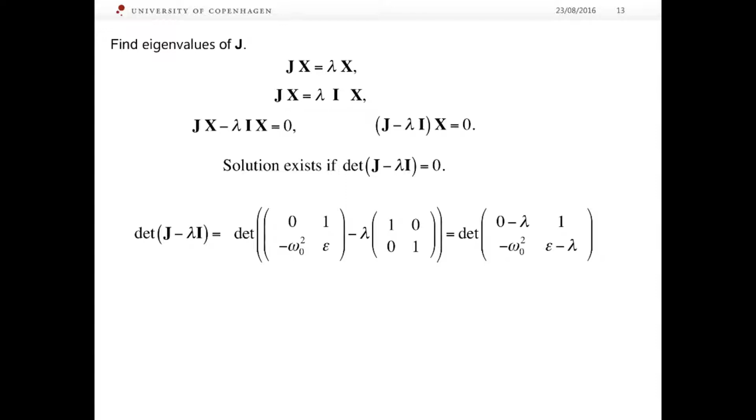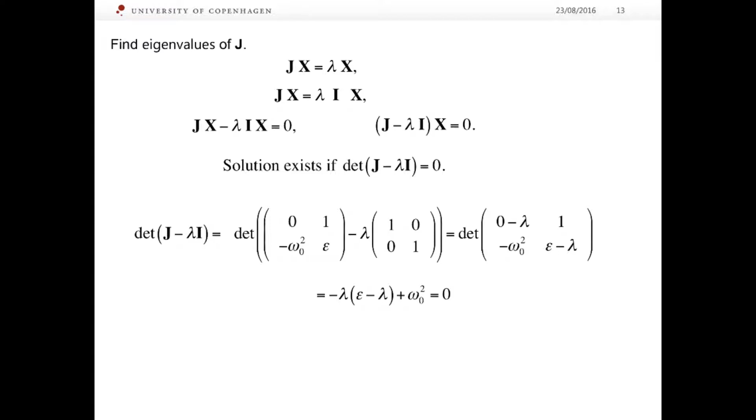The determinant of this matrix is the product of the elements on its main diagonal, minus the product of the elements on its other diagonal. Namely, we multiply minus lambda by epsilon minus lambda and subtract minus omega naught squared multiplied by 1.